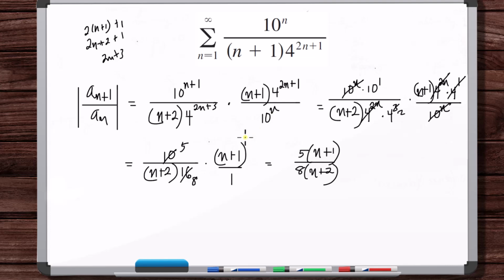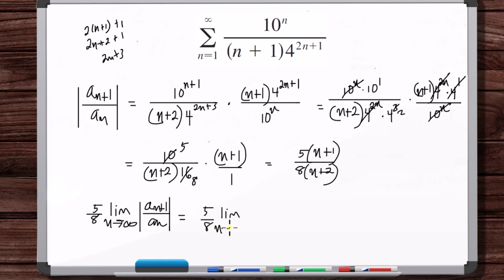Okay. So we can take out this 5/8, and we've got the limit as n approaches infinity of n plus 1 over n plus 2.